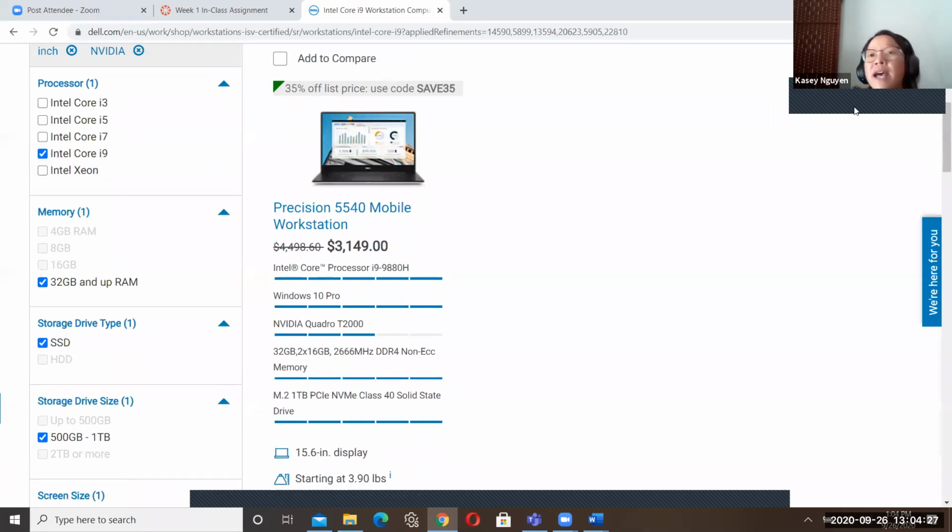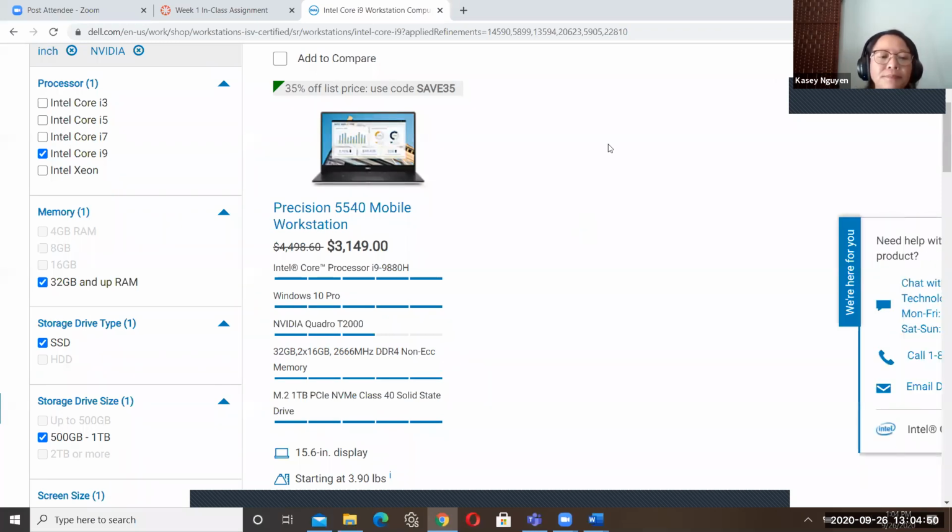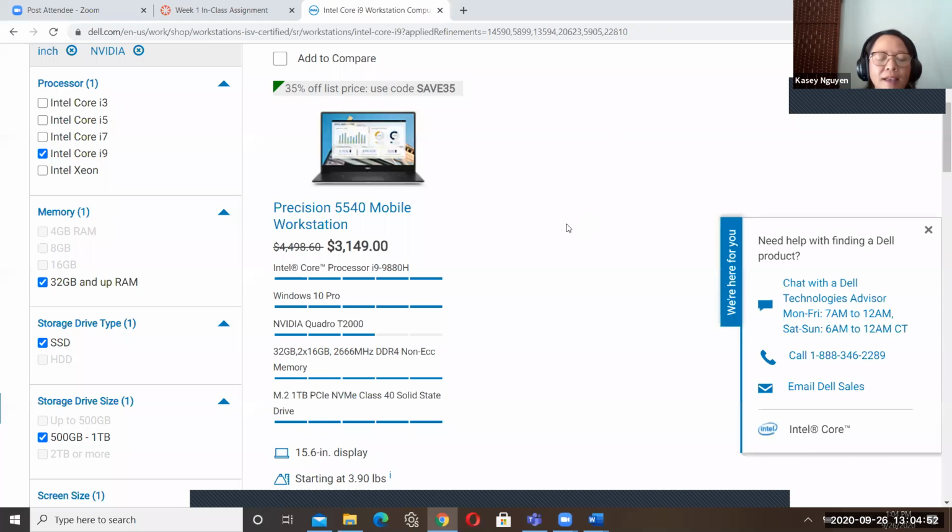Now, this is Dell, and Dell owns Alienware, right? So I had established a lab room or computer room at Moreno Valley College using all Alienware. And it's beautiful. So when we come back on campus, hopefully you're able to utilize that classroom. Okay.